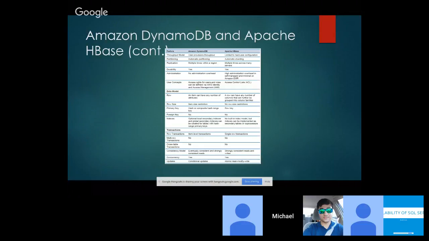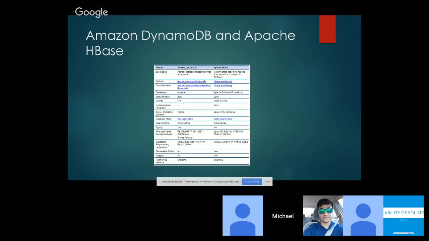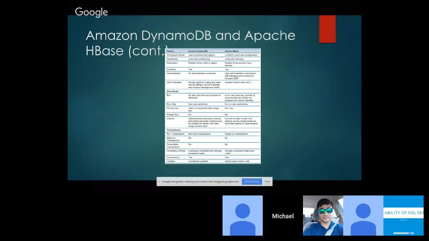And once again, the features are differentiated regarding the throughput. Hold on, let me go back here. Let me also show that there are server-side scripts also involved, and the partitions are both shared. When you look at the data model, there's a differentiation between the row size, the primary keys and the foreign keys.